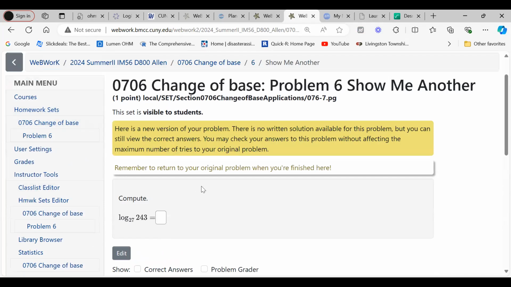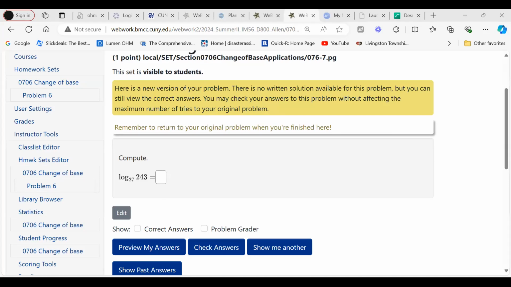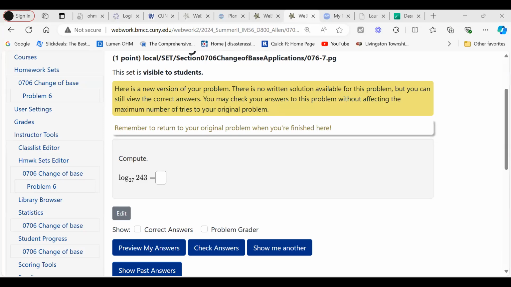27, 243. Yeah. Let's look at this. So first of all, it's easier to turn this into an exponent, right? In this case, you do 27. So assuming this is equal to x, we don't know what that is. So it'll be 27 to the x equal to 243.